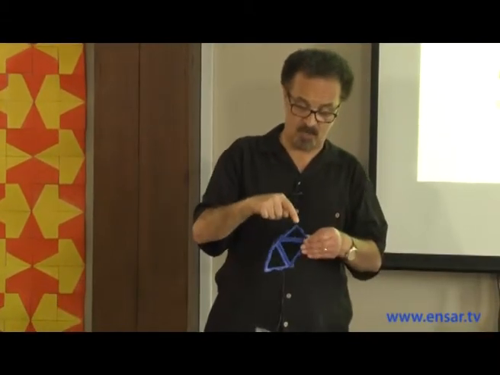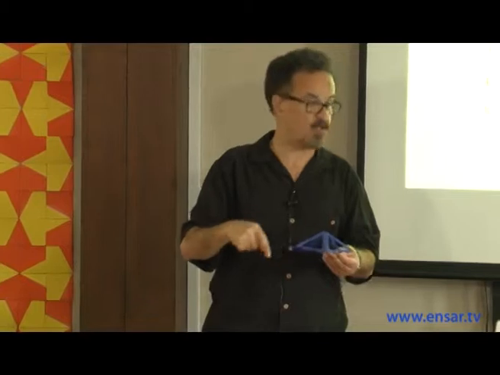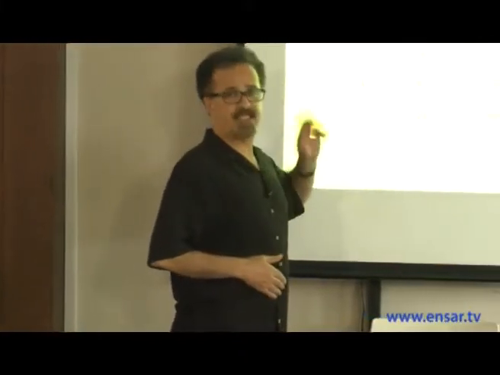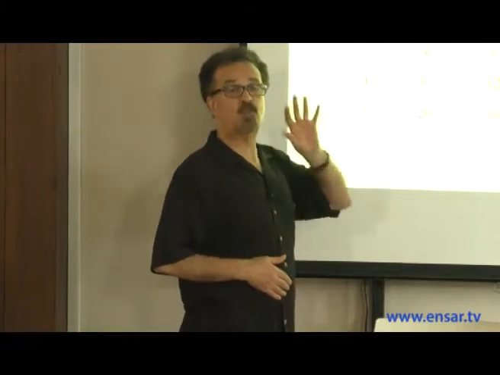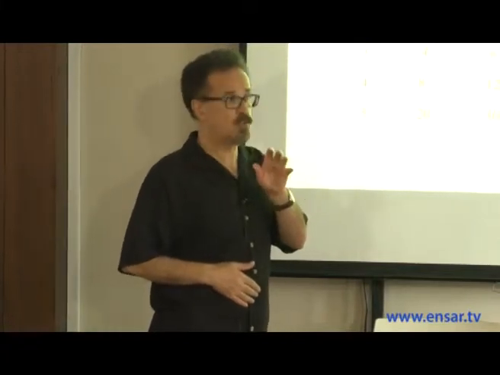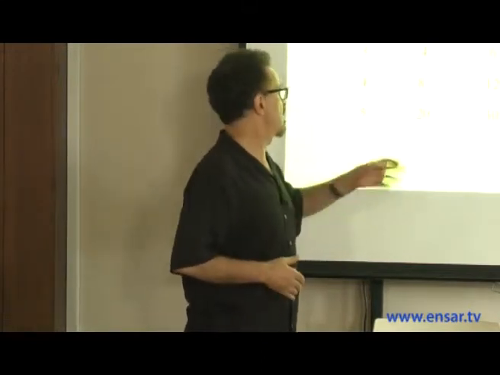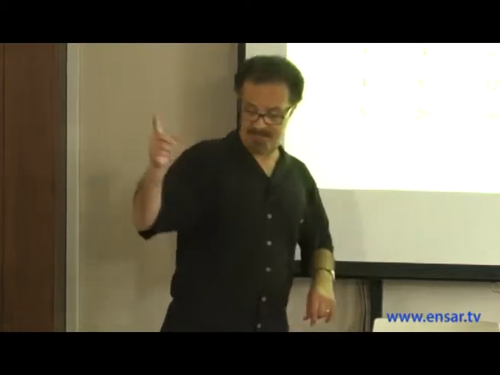So this vertex also should have 1, 2, 3, 4, 5, and so on. In that case, the object that I will make will have 20 faces. That's what is called an icosahedron. Icosa in Greek means 20. And then it needs 30 edges.